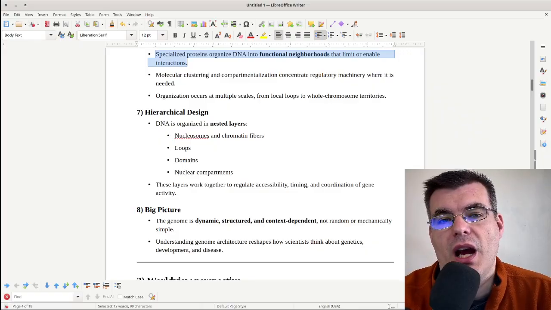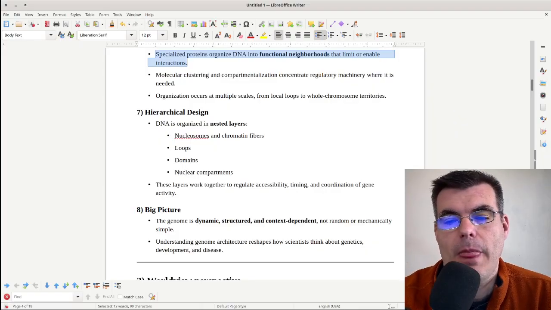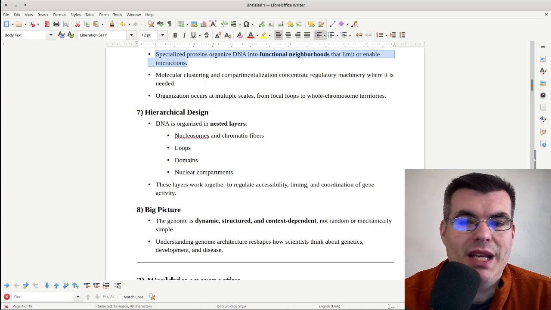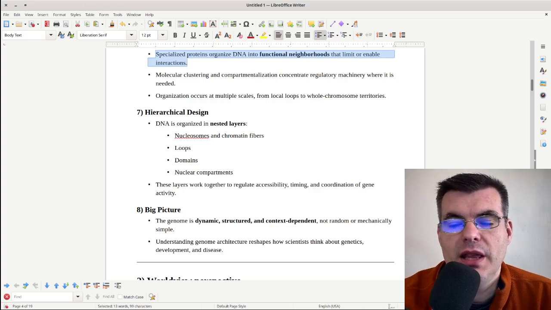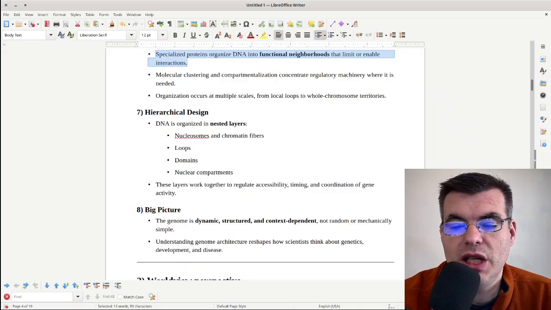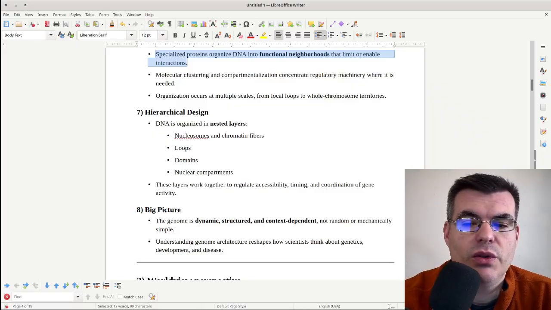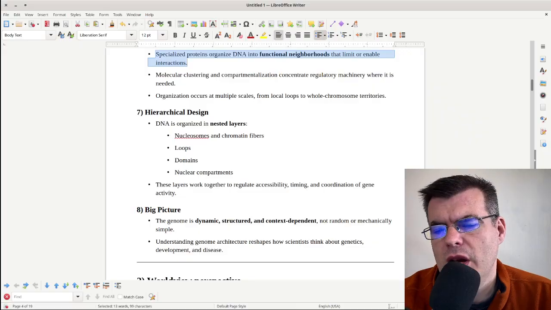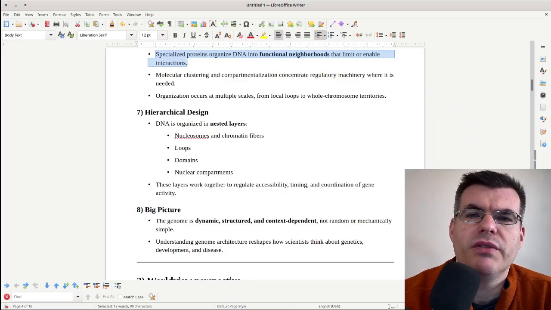There's a hierarchical design to all of this. DNA is organized in nested layers. We have nucleosomes and chromatin fibers, and we have loops, domains, and nuclear components. These layers work together to regulate accessibility, timing, and coordination of gene activity. So if you have one of these things out of order, you could have issues, which we talked about just a few minutes ago.